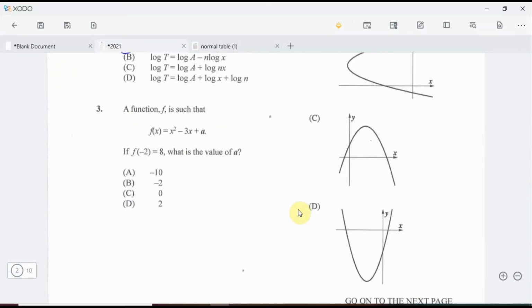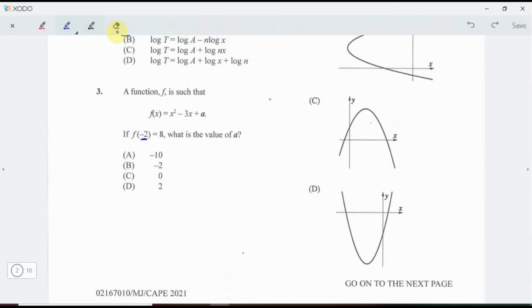Alright, question 3. Question 3 says a function is such that f of x equals x squared minus 3x plus a. If f of negative 2 equals 8, what's the value of a? So notice they give us an x value. The input is negative 2 and the output is 8. In that case, we can set up our equation. So we're saying when the y value is 8, so 8 is equal to negative 2 squared minus 3 times negative 2 plus a.